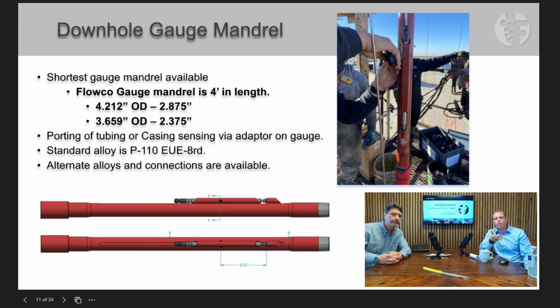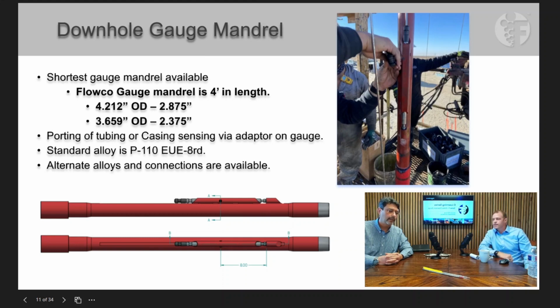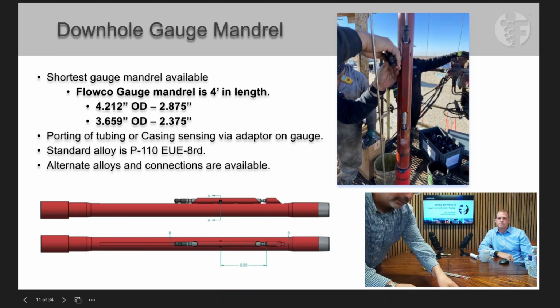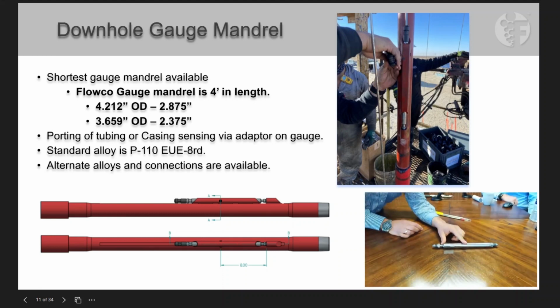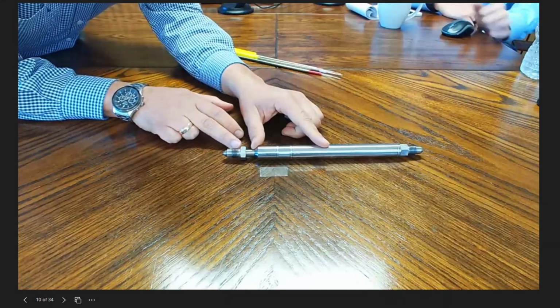So Juan, we've talked about the gauge and how we connect that TEC cable to the gauge. But this slide shows how we get that gauge connected to the tubing. Yes. The connection of the gauge connects to the lock on the gauge carrier.